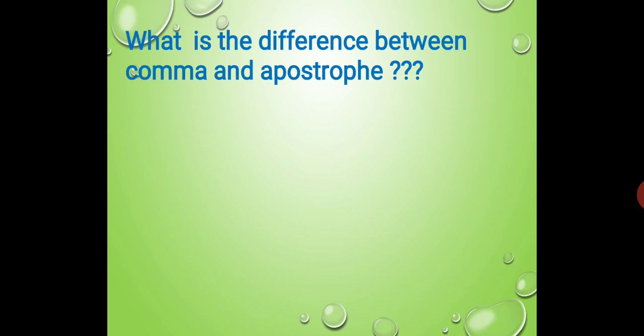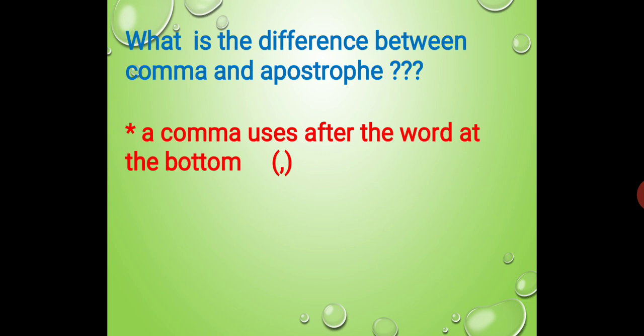Now you have a question: is it called a comma or an apostrophe? Let's see the difference between comma and apostrophe. A comma is used after the word at the bottom. Whenever we write different words in the same sentence and want to divide them, we use a comma at the bottom side after the word.